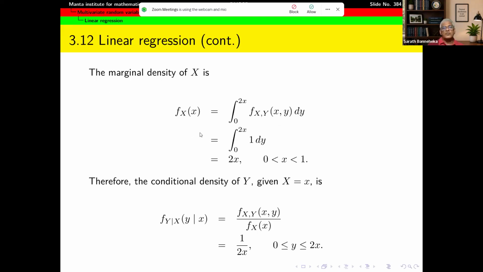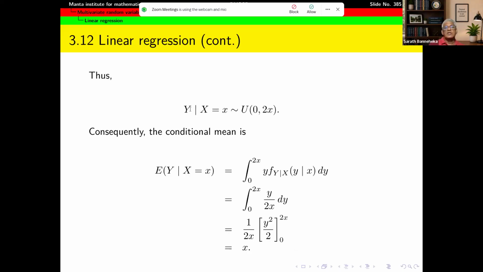If you find the marginal density, it is given by f of x equal to 2x, where x is between 0 and 1. The conditional density function of y is the joint density divided by the marginal density. Therefore it's going to be 1 over 2x.